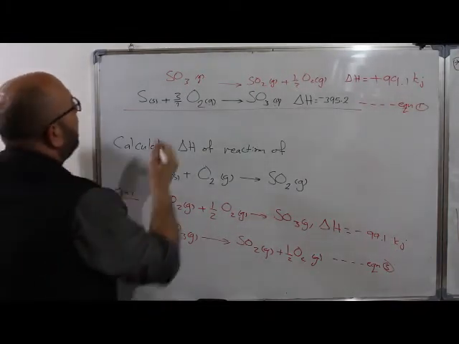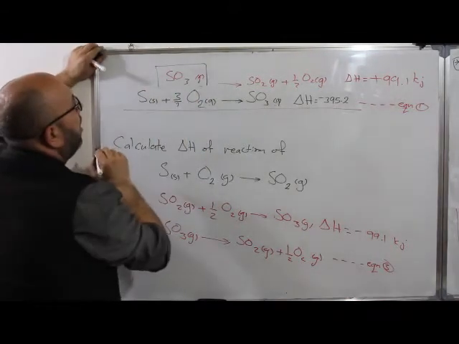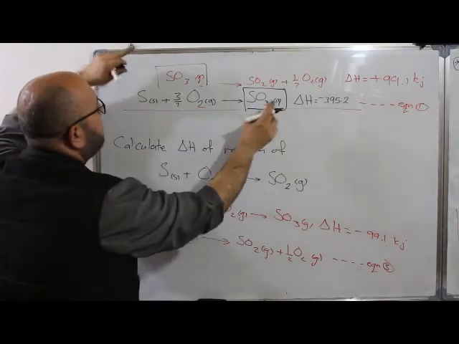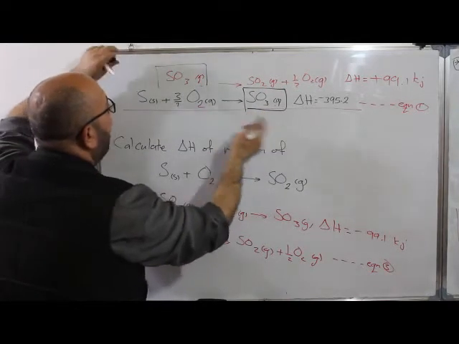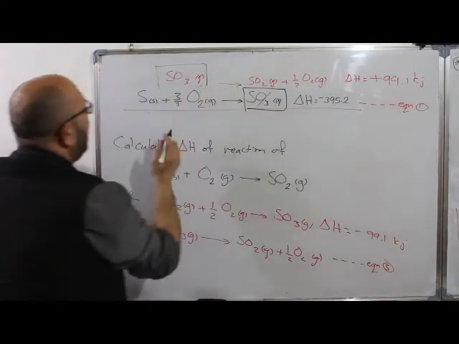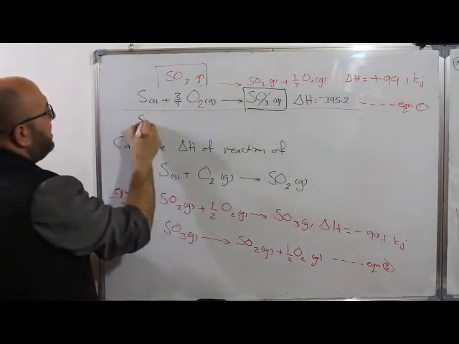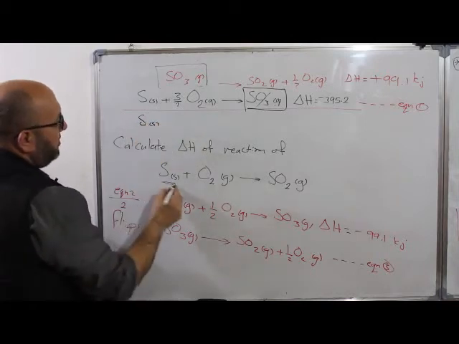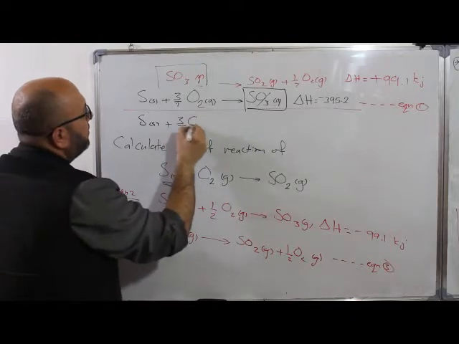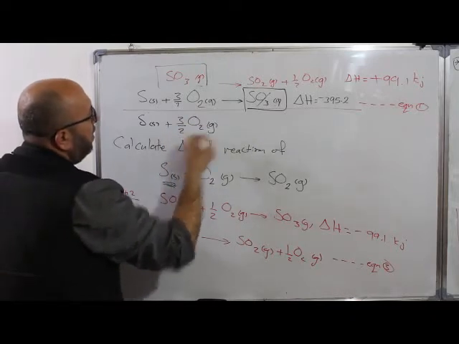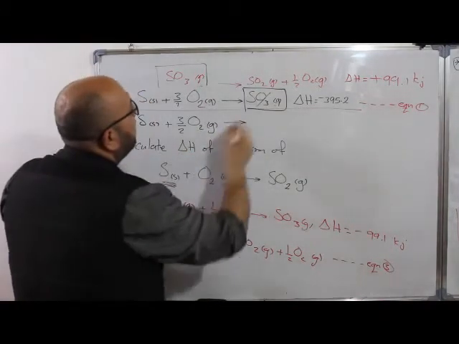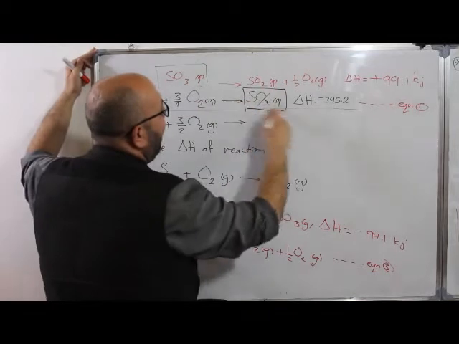First of all, guys, SO3 and SO3, same amount, same component, at opposite sides, are going to be cancelled. What's left on that side? There is S in solid state added to 3 over 2 O2 in gaseous state, producing, here it's cancelled.